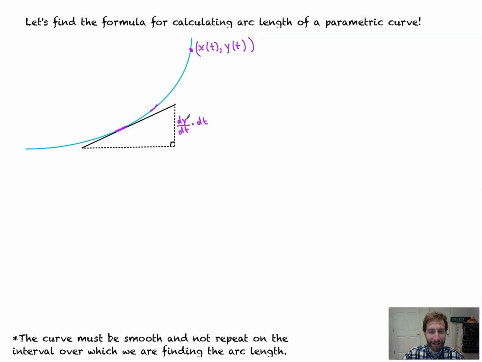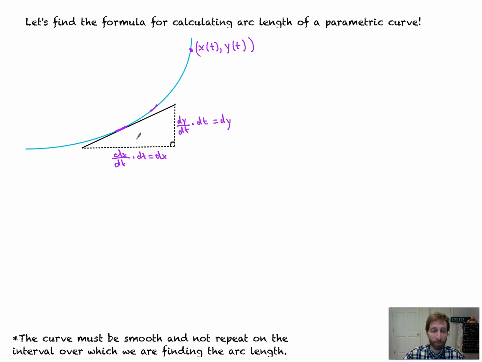All right, so dy/dt is the change in y over time times a small change in time would get me a really small change in y, right? This would give you dy. And you might be like, wait, what? Geometrically, again, I'm going at a certain rate upwards or down, and I'm multiplying by a very small change in time. That'll give me a small change in y. Same idea here. I've got dx/dt times dt. That would give me a really, really small change in x.